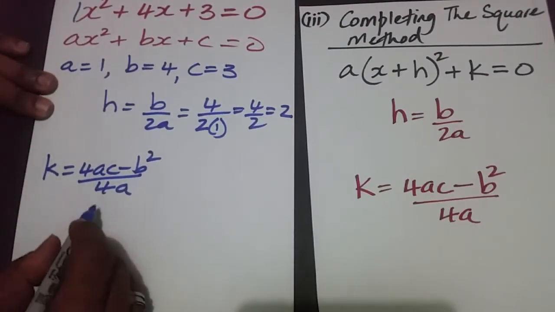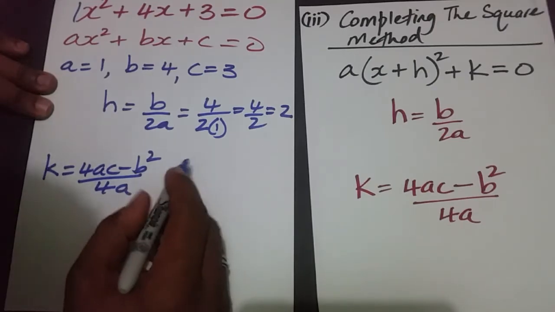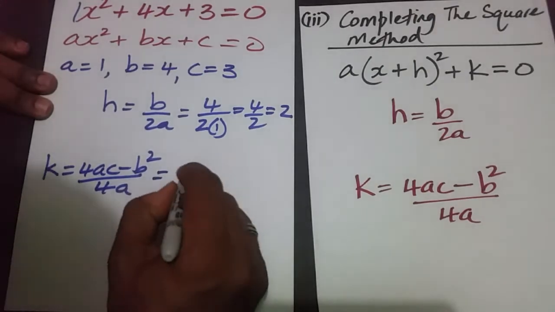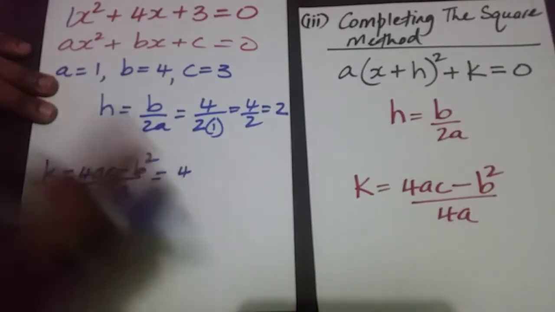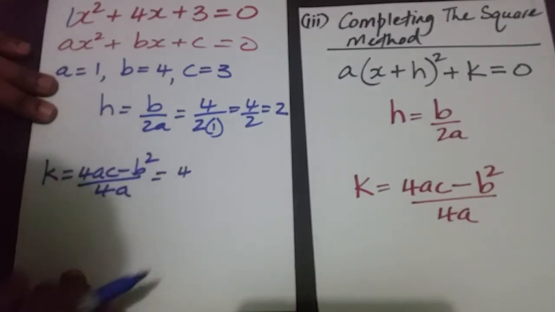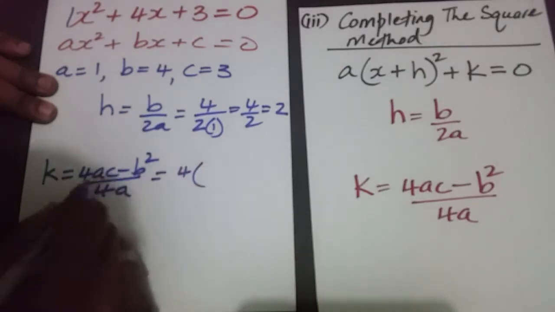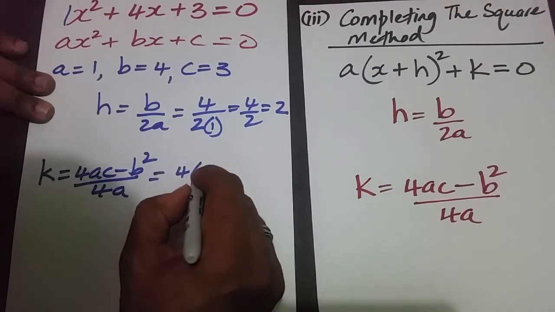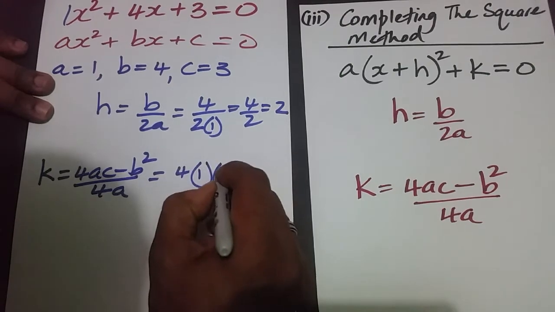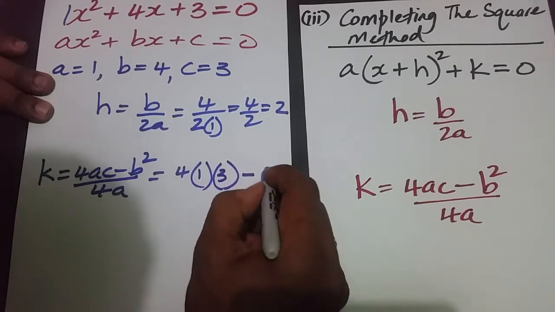So what we're going to have here for k is simply 4, and by the way, steps go down, but I'm trying to utilize a page. It is 4 times, and I want to make the substitution, so I put these in brackets. So a is in fact 1, c is 3, and b is 4.